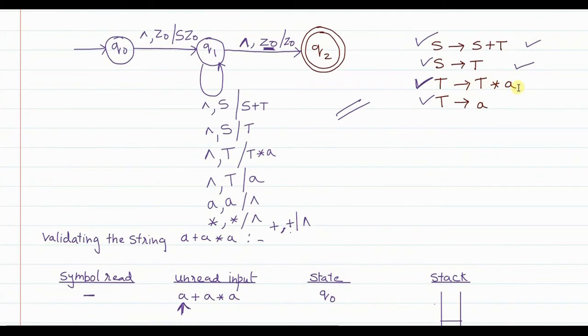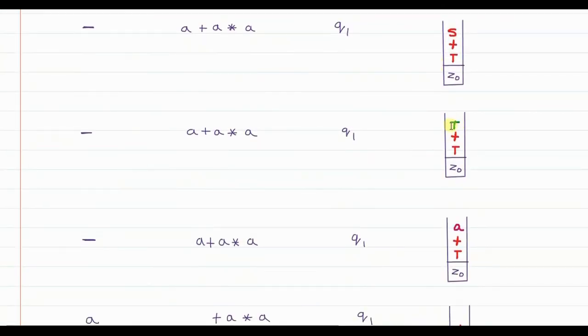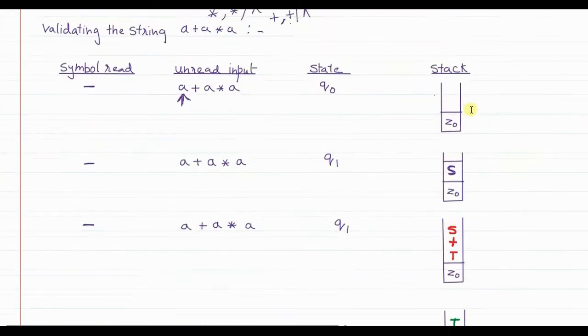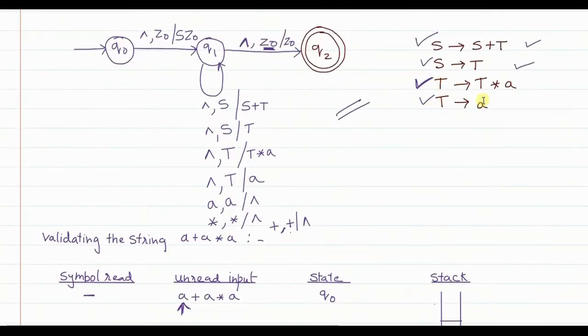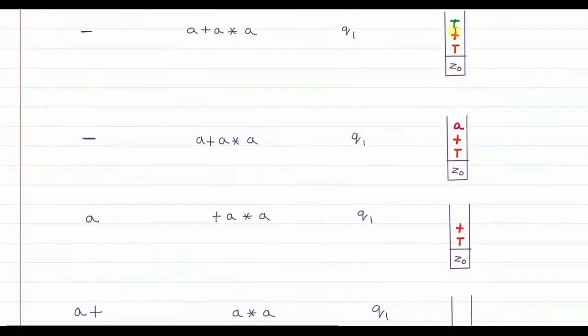One is T gives T into A, the other is T gives A. You could have replaced it with this one or this one. Any one. I will replace this T with the right hand side of the T production, that is, small a. You can replace it with the other one also, no problem. So the T which is there here, I am replacing it with small a.